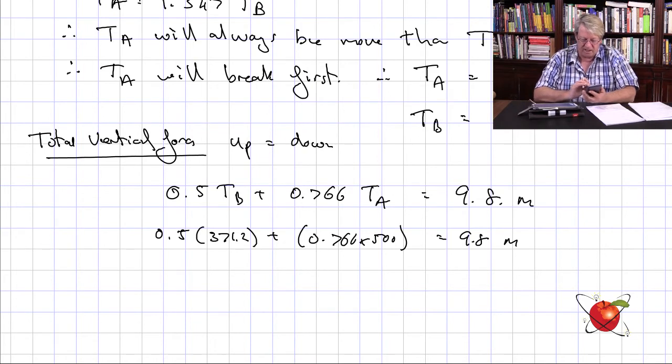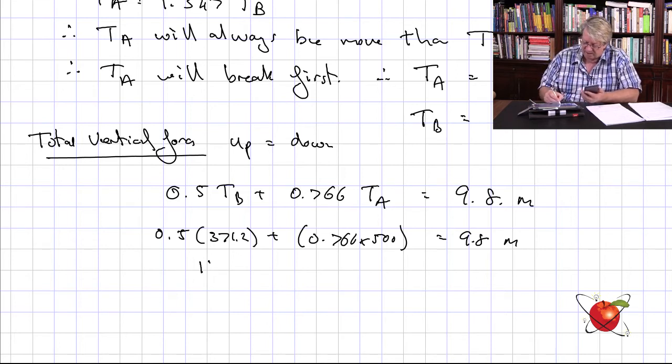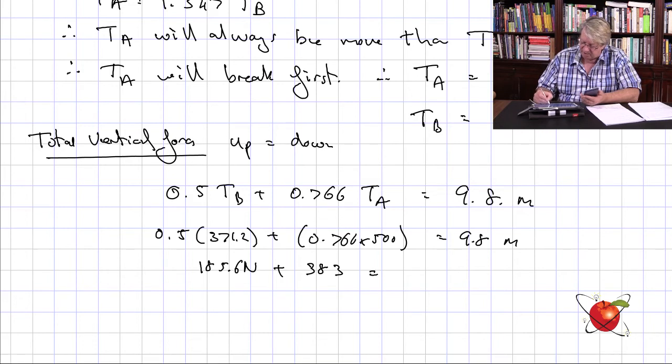Let's have a look. 0.5 times 371.2 is equal to 185.6, plus 0.766 times 500 is 383. Okay, must be equal to 9.8 times m.